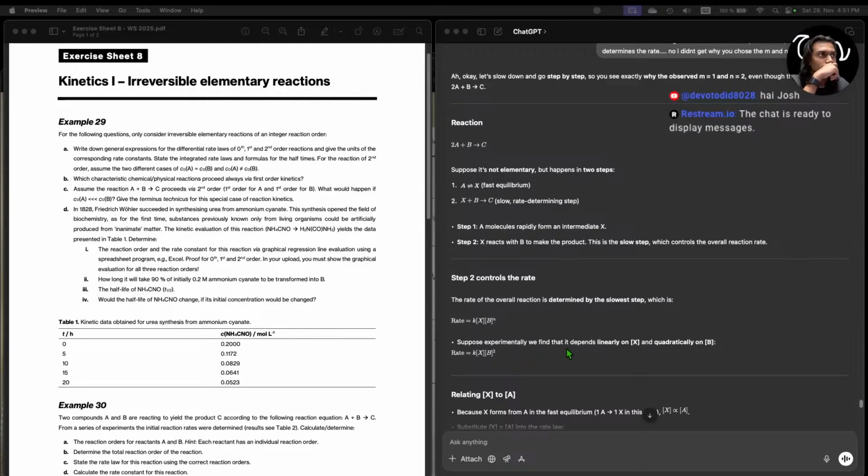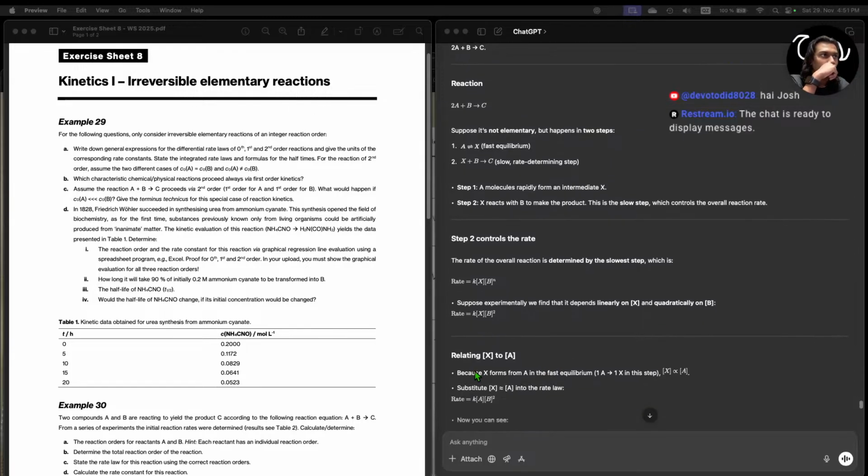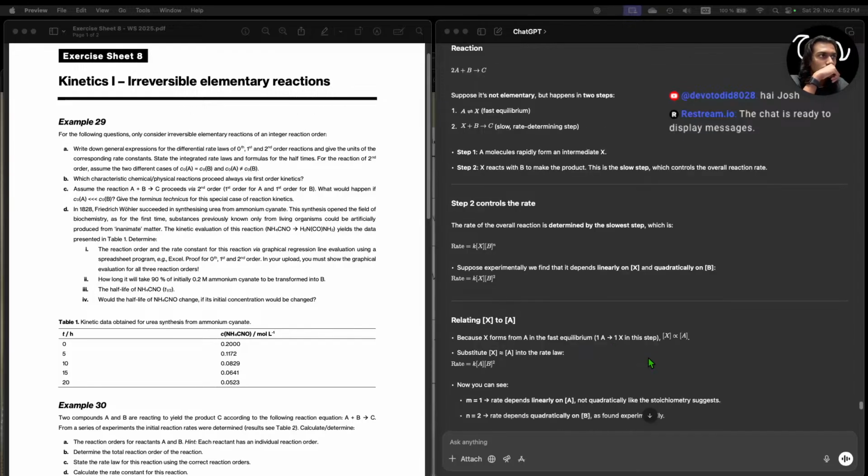Suppose experimentally we find that it depends linearly on X and quadratically on B. Relating X to A, because X forms from A in fast equilibrium, 1 A is 1 X proportional. Substitute X with A into the rate law.